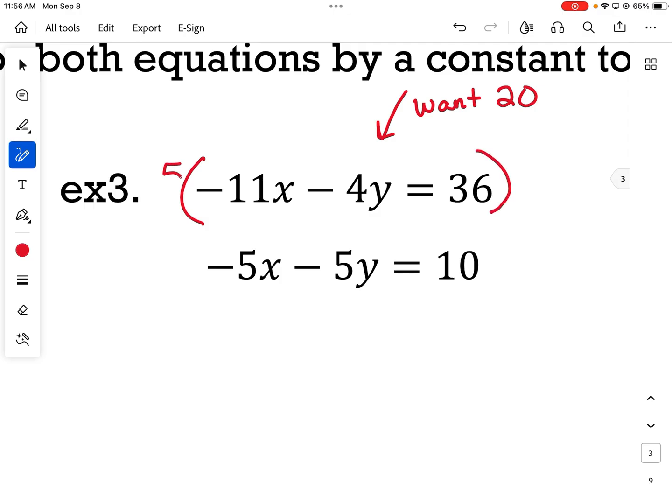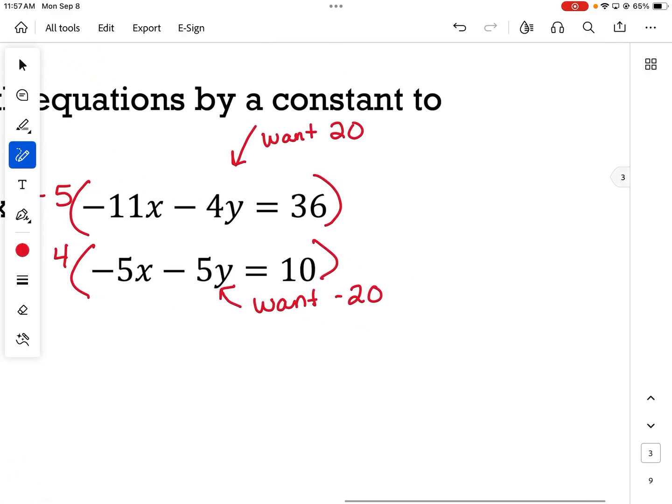Not just 5, but negative 5. And then this one, I want this one to be negative 20 because they have to be opposites. So what am I going to multiply this by in order for negative 5 to turn into negative 20? Yeah, 4. So I actually have to multiply both.